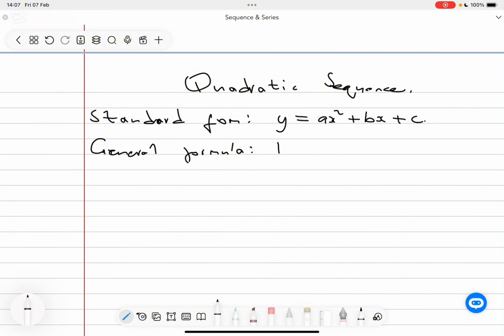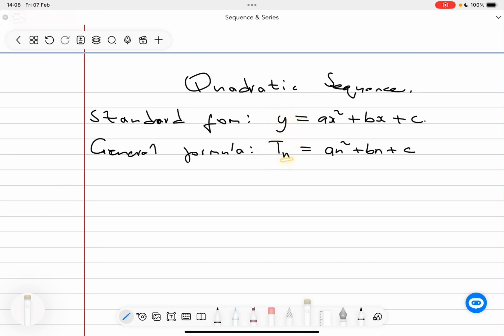That means I'm going to write it in terms of Tn is equal to an squared plus bn plus c. What we have done essentially in this equation is that we took the variable y and now are replacing it with the nth term, Tn. Remember, we defined Tn in our introduction to sequences lesson 1.